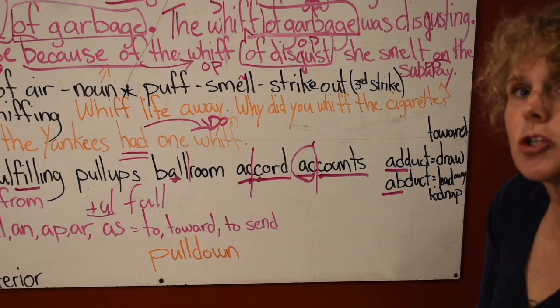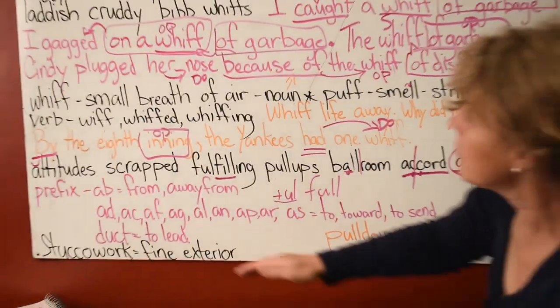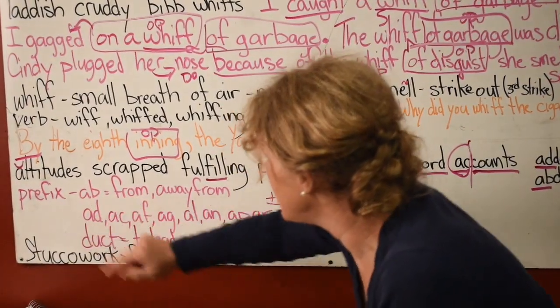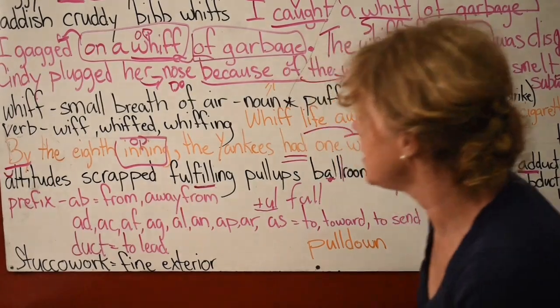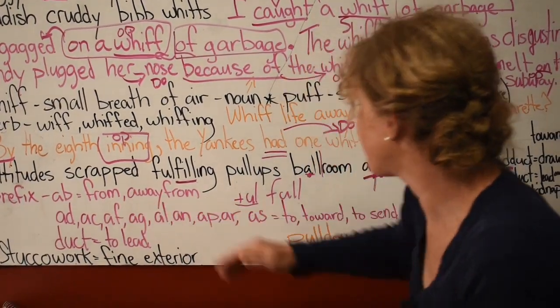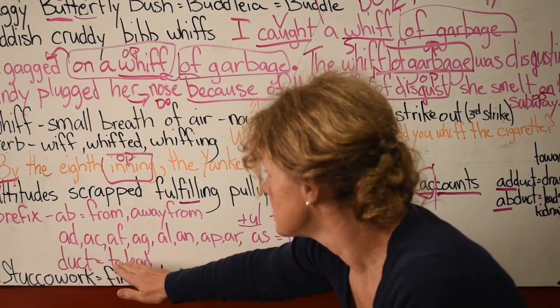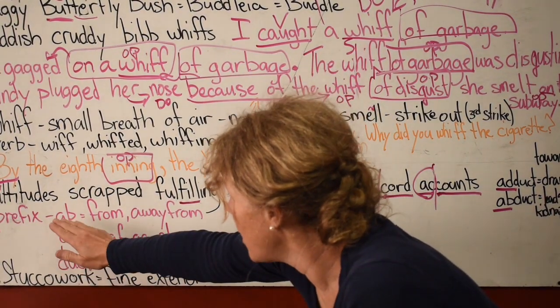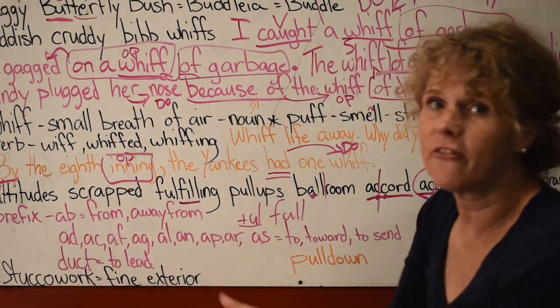So if we're going to do that, let's look into the prefix over here. And we have AB, which we had in abduct. It means from, away from. So abduct means to lead. Abduct, you are leading somebody away from safety.